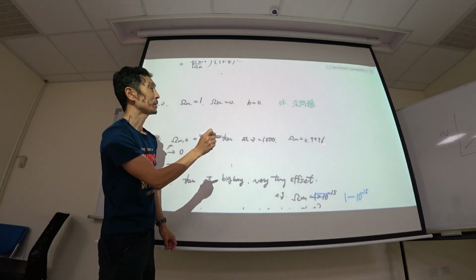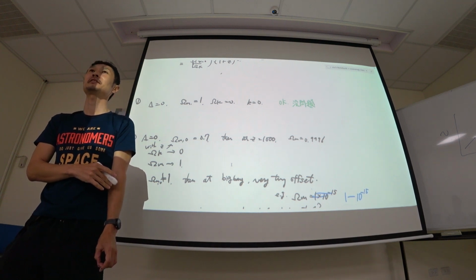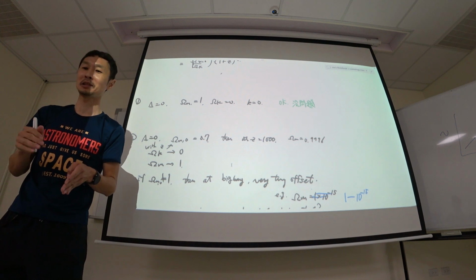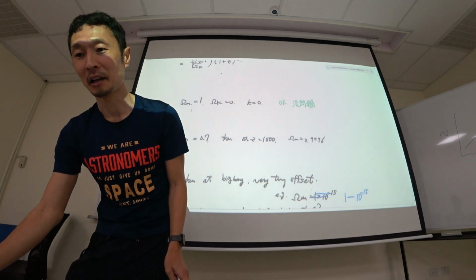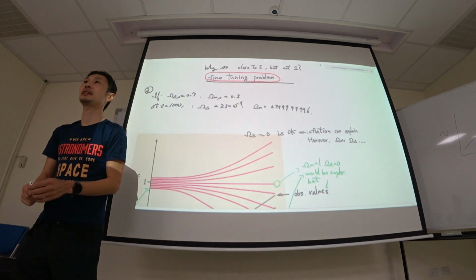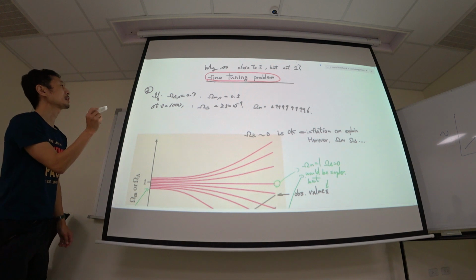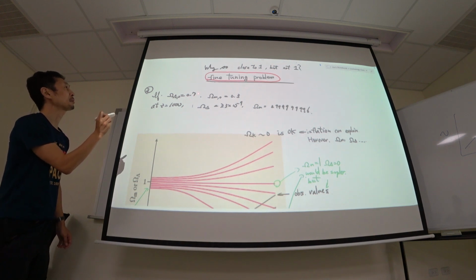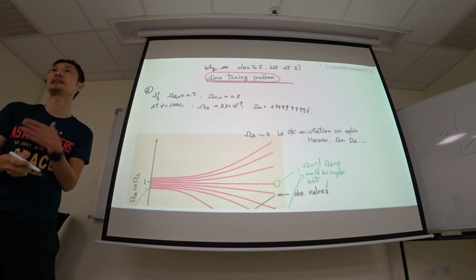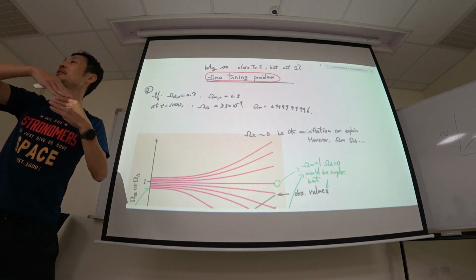This is a weird number, isn't it? 0.9996. It's so close to 1, but not 1. That's weird, right? And a more weird thing happens in our best estimate of parameters. Let's say dark energy is 70%, 0.7, and dark matter is 0.3. These are the current best estimates, right? Then we go back in time to higher redshift.